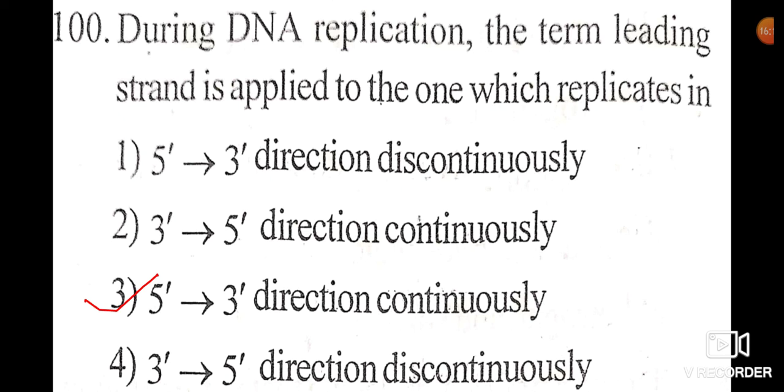Opposite to the leading strand is the lagging strand, which contains Okazaki fragments, small pieces. But the leading strand is continuously formed in the 5 prime to 3 prime direction.